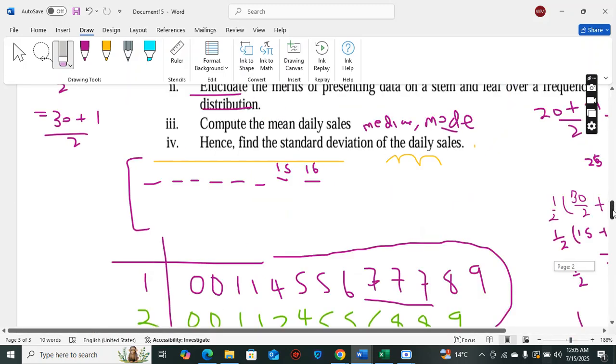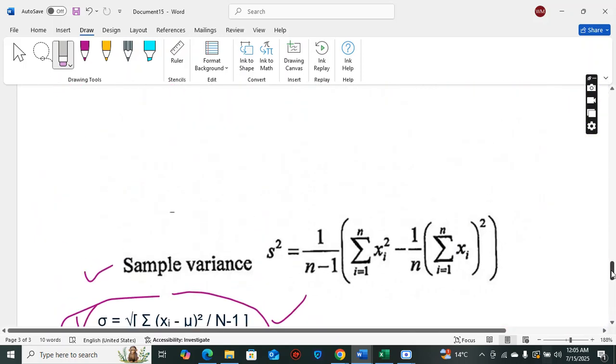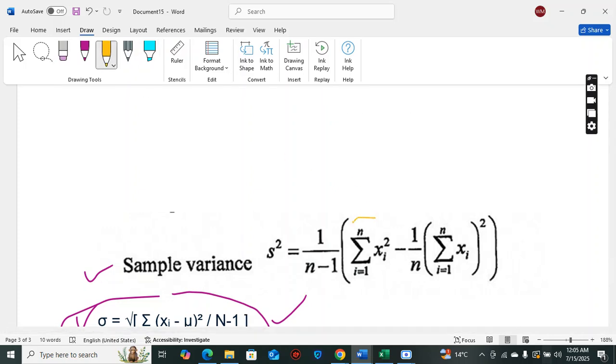It's the summation of that 10 plus 10 plus 11. That summation we got when we added all the numbers, that's 638.